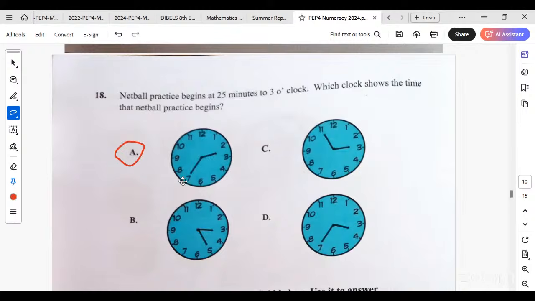And if we count 25 minutes to 3 o'clock, remember each number on the clock is at 5-minute intervals. So the correct answer is A.